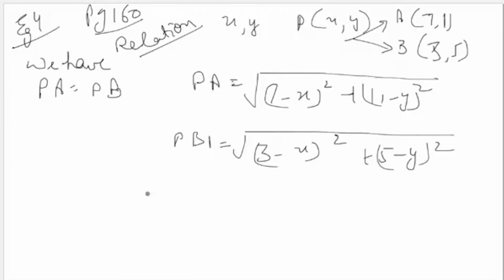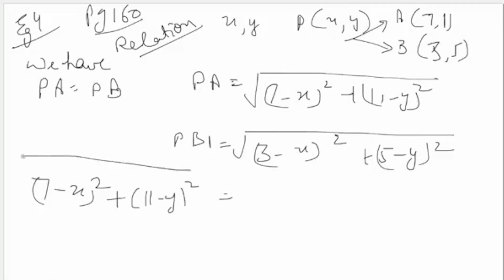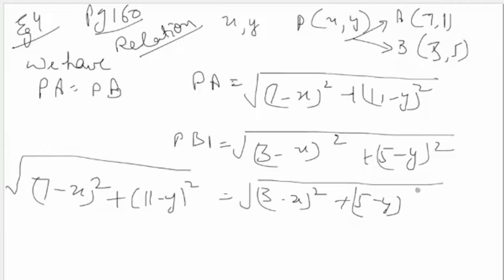But it is given to us as equal. Therefore, we can write the root of (7 minus x) whole square plus (11 minus y) whole square is equal to the root of (3 minus x) whole square plus (5 minus y) whole square.